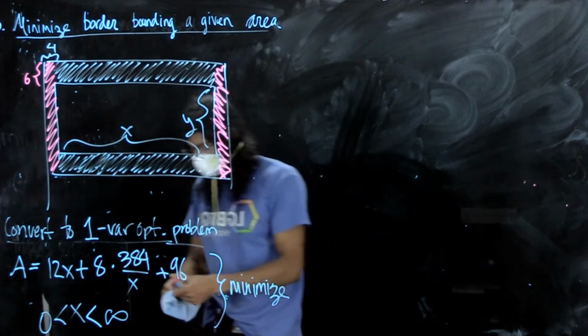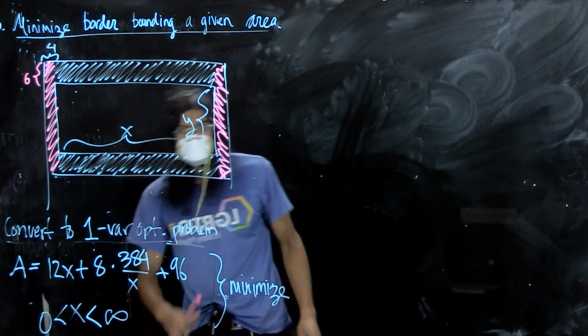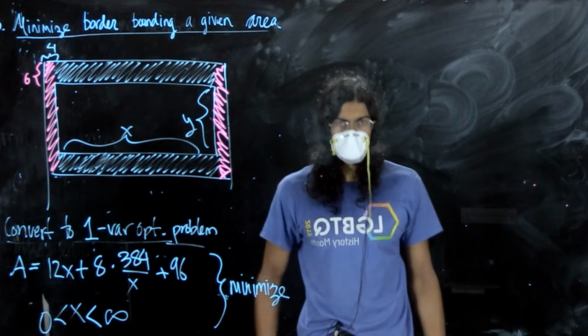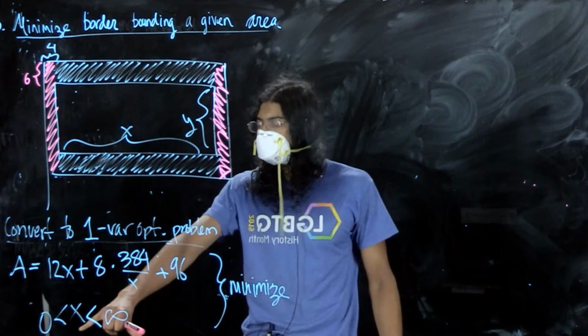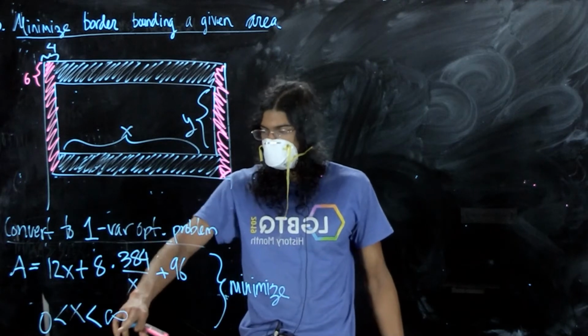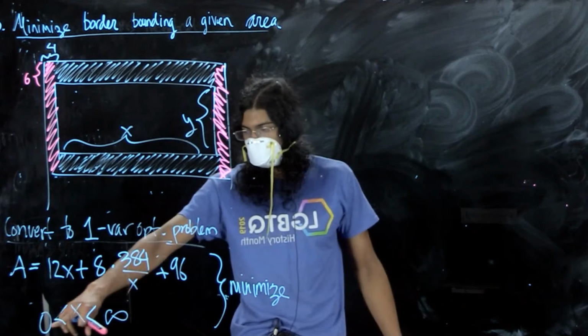Okay. So this is the real reason why I did this example today. It's not just another optimization problem. It's an optimization problem over an unbounded domain. X can go from 0 to infinity.